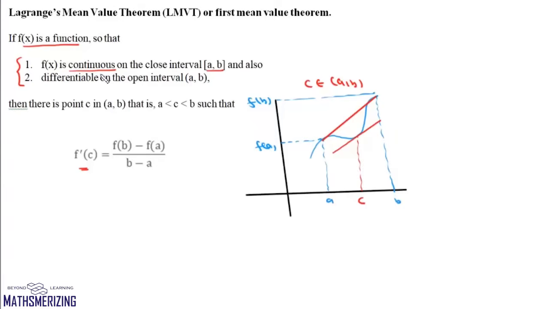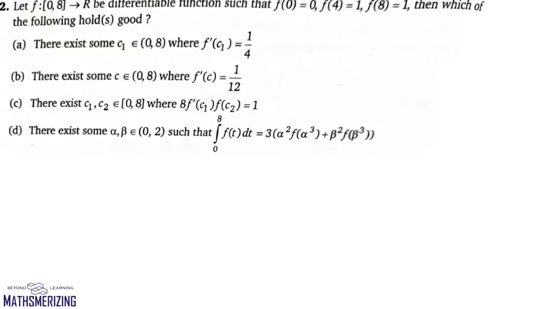So there are two conditions. It should be continuous in the closed interval [a, b] and differentiable in the open interval (a, b). Then we'll always get a value c in (a, b) such that f'(c) is equal to (f(b) minus f(a)) upon (b minus a). Now here the question is, let f be a function defined from [0, 8] to R and it is such that f(0) is 0, f(4) is 1 and f(8) is 1, then which of the following holds good?